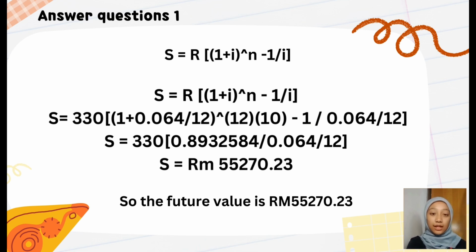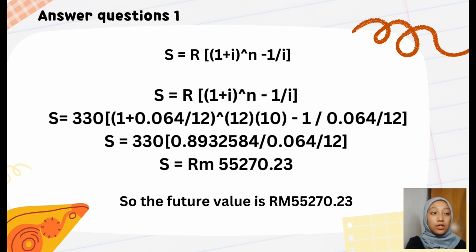So, let's calculate the amount. We use S equals R in brackets 1 plus i to the power of n, minus 1, divided by i, close bracket, as the formula. So S equals 330 ringgit in brackets 1 plus 0.064 divided by 12, to the power of 12 multiplied by 10, minus 1, divided by 0.064 divided by 12, close bracket.